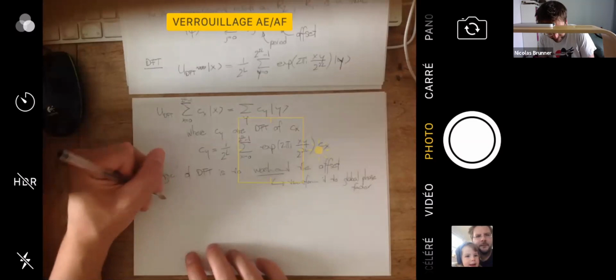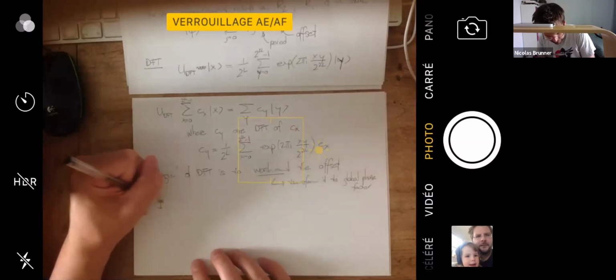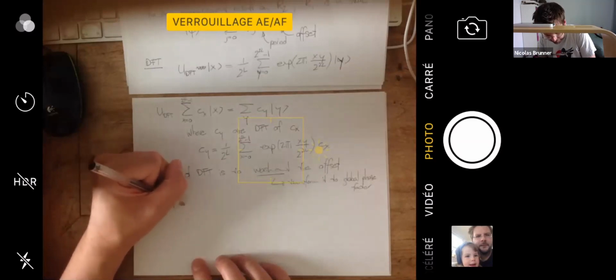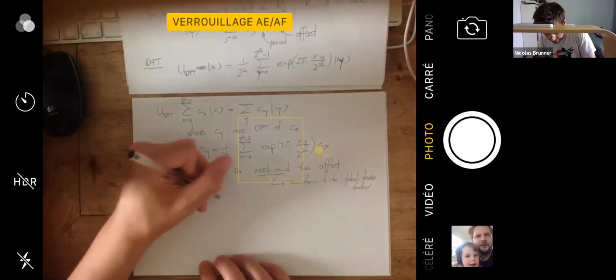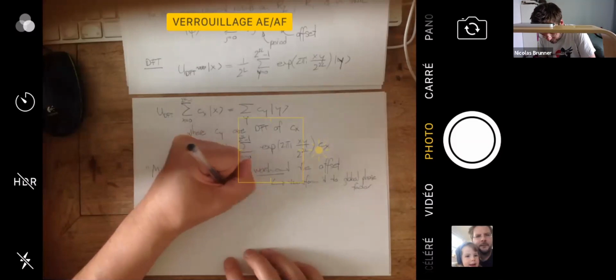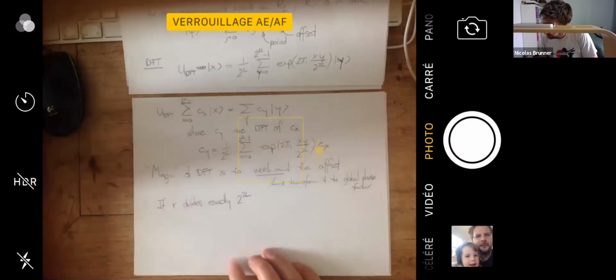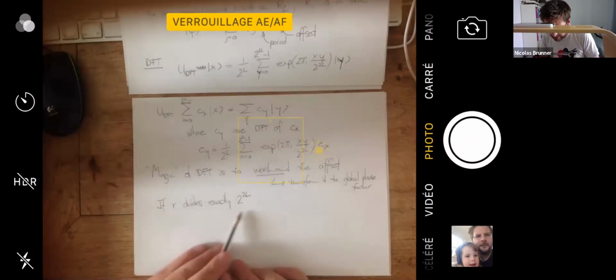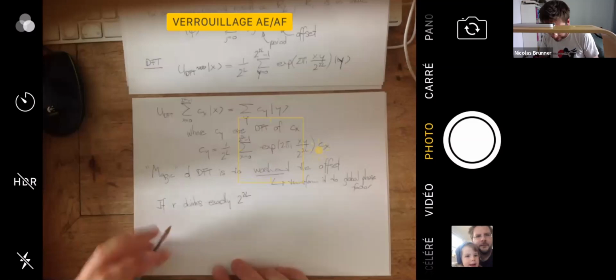So let's verify this. We are going to look at the special case where R perfectly divides, divides exactly 2 to the 2L. If that is not the case, the analysis is similar, it's just a bit more complicated. But the essence of the thing you understand in this case.